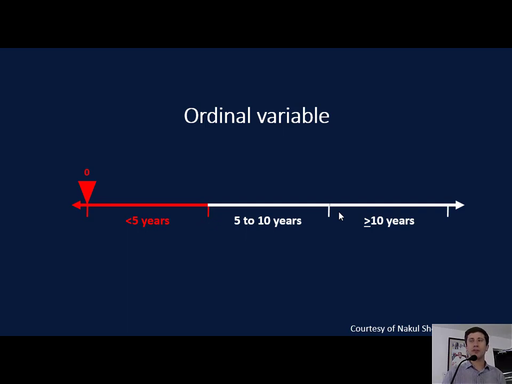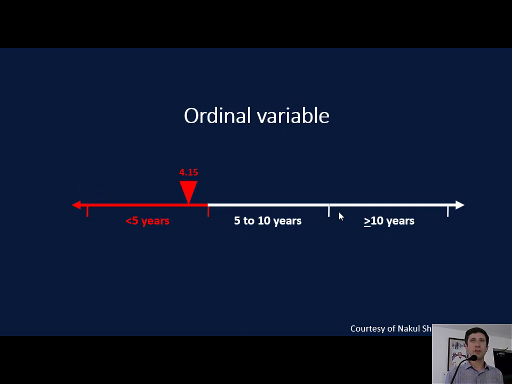An ordinal variable could also be, say we had patient satisfaction scores, and they were from 1 to 4, right? And everybody was supposed to rate how happy they were with their experience getting cataract surgery at Aravind. Well, it's not continuous 1 to 4 because it ends right there at 4. It's not categorical because there's ordering. 3 is more than 2. It denotes better satisfaction. So that would be an ordinal variable as well.